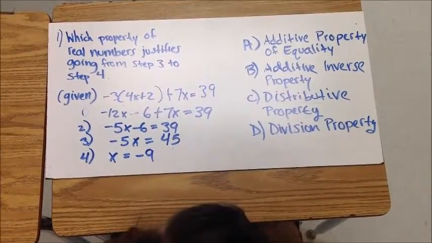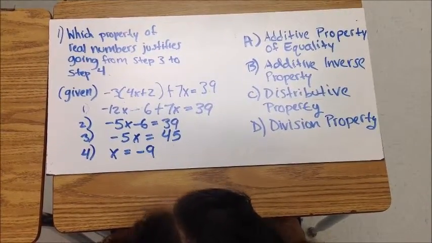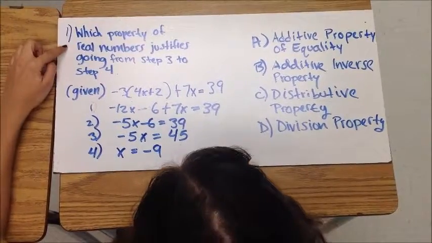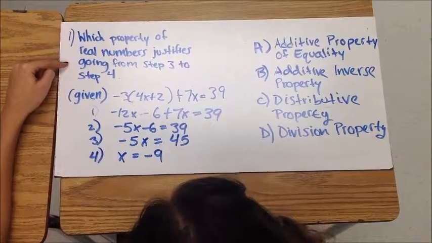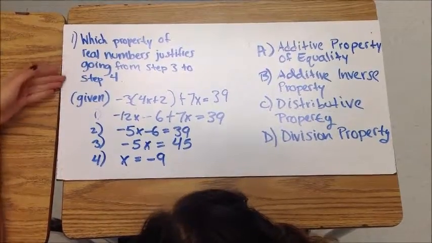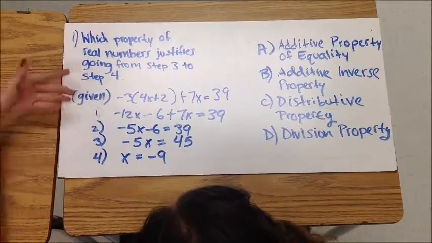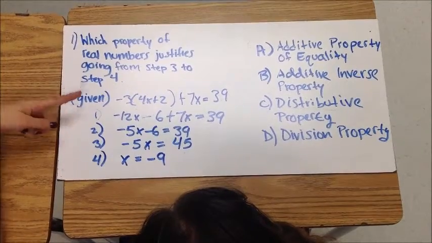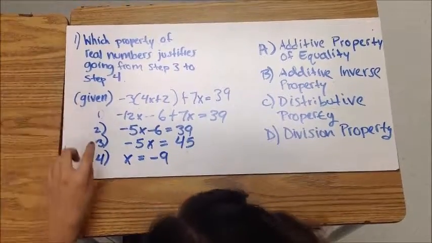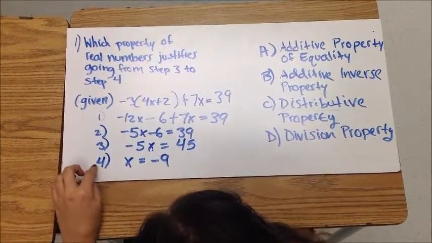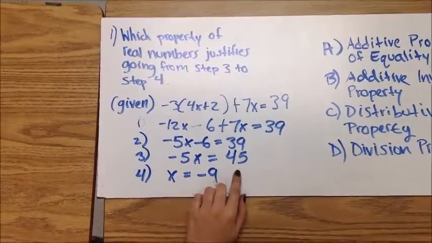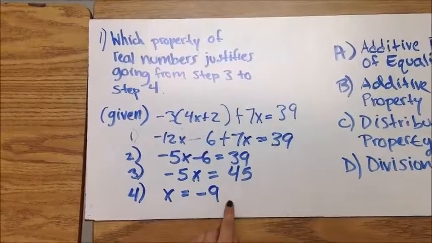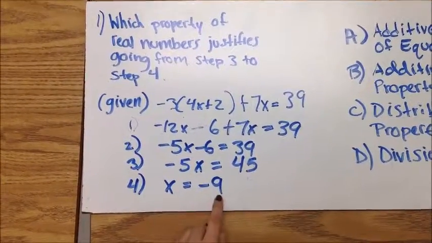We are solving a multiple choice question. So here's a question. Which property of real numbers justifies going from step 3 to step 4? So here is the problem that is being given, and it shows you the steps. We're going to look at 3 and 4. So step 3, negative 5x equals 45, and it jumped to x equals negative 9.